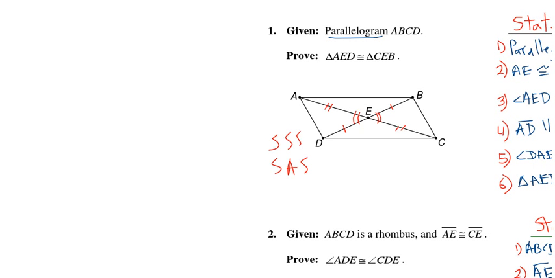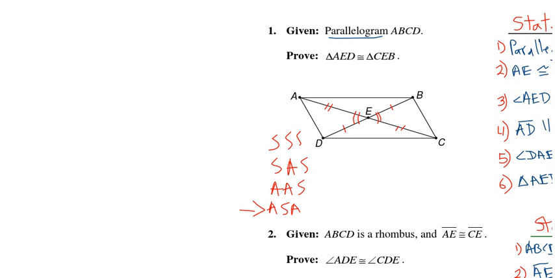And you could also use angle, side, angle, or angle, angle, side. So you could use any of those four. I'm going to be using the fourth one just to use a different criteria for each of the exercises, because in the other exercises I'm going to be using side, side, side, and side, angle, side. So I'm going to use angle, side, angle for this one.